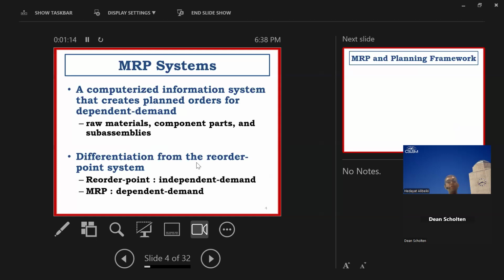It's different from reorder point, in the sense that reorder point and replenishment models are used for independent items, whereas MRP is primarily used for dependent items.